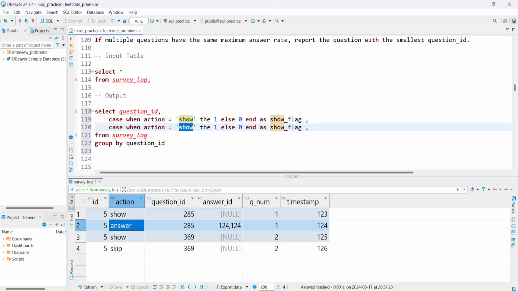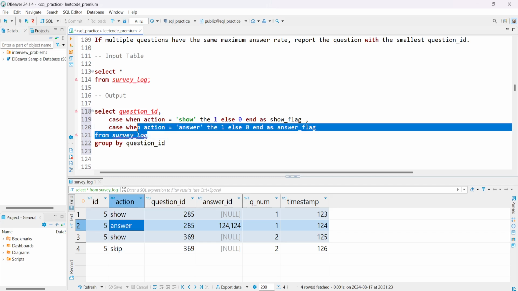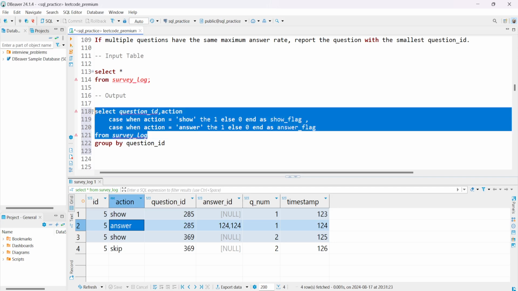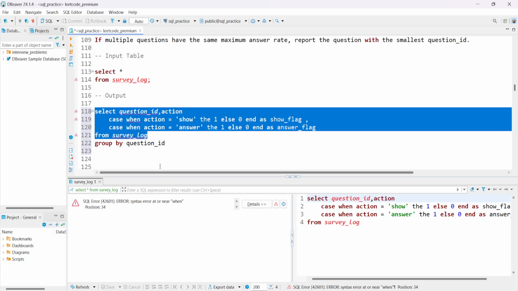Here we can say answer. So let's run till this part only, and take action also to explain you clearly. Let's run this without group by.